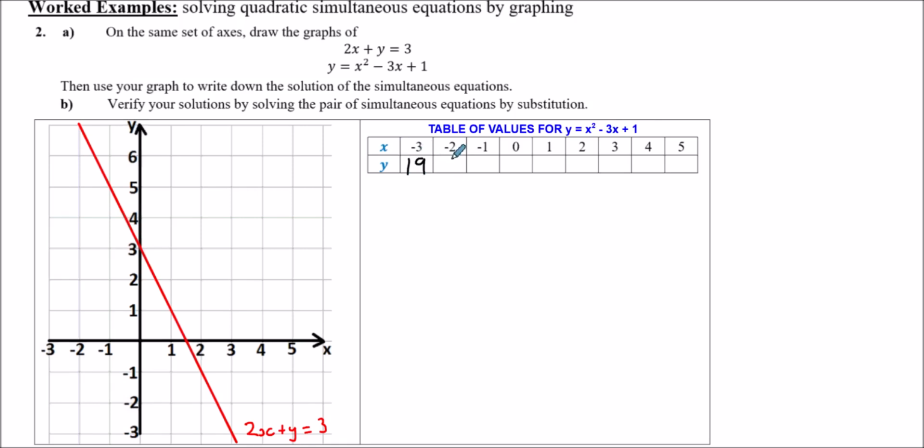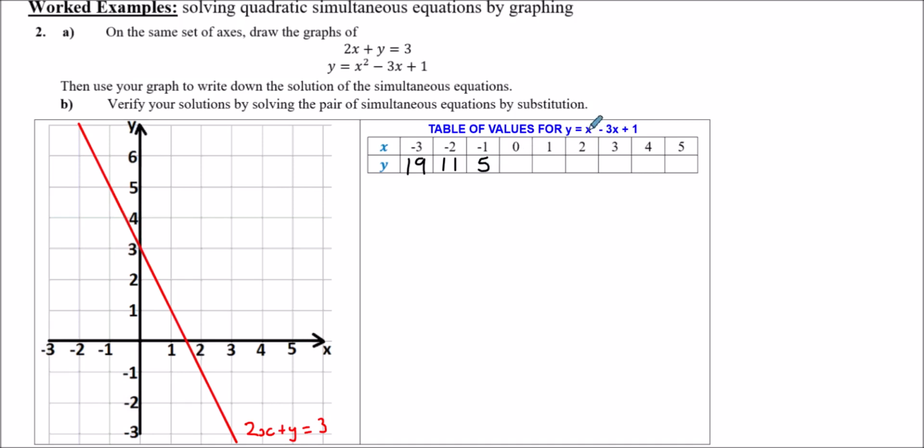When x is minus 2, x squared is 4, 3 times minus 2 is minus 6, so minus minus 6 is plus 6. 4 plus 6 is 10, plus that 1 is 11. When x is minus 1, x squared is 1, 3x is minus 3, so 1 minus minus 3 is 4, plus 1 is 5.